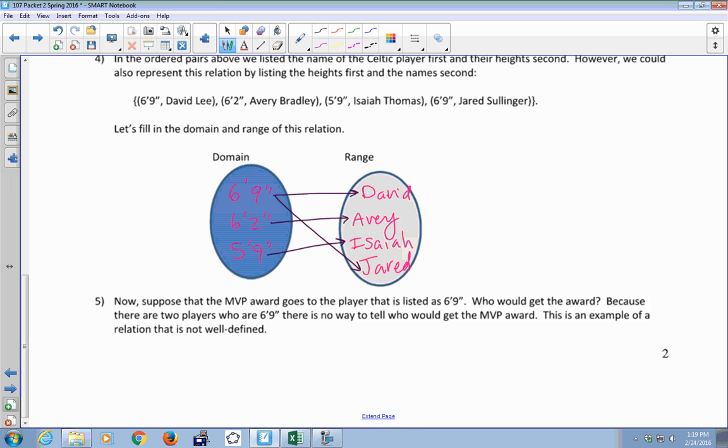But if I say the name first, I can look up their height. It's unequivocal, right? So think of it as like a database. If you want to look up 6'9", you're going to get at least 2 players who have that height, and that's not very helpful, right? But if you look up a name, you're going to get 1 height. One person can't be more than 1 height.